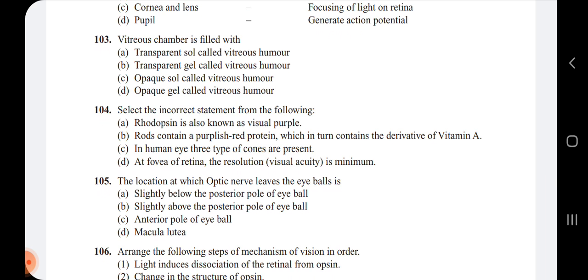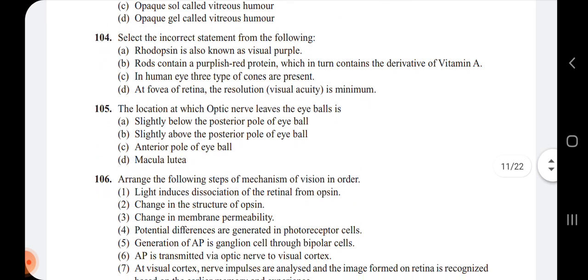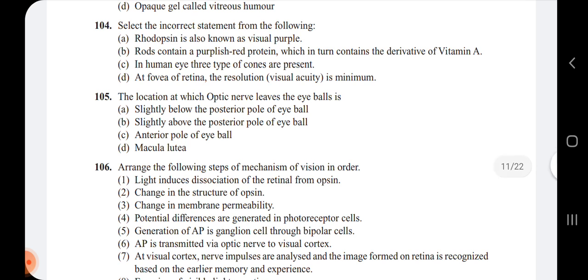Next question, select the incorrect statement from the following. Among these four, we shall go for the first statement. Rhodopsin is also known as the visual purple. That is a correct statement, because rhodopsin is a purplish red protein, also called visual purple.